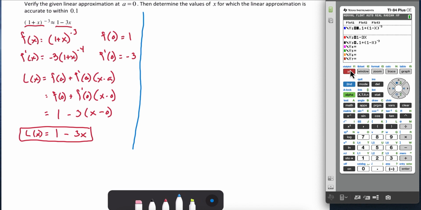Up next, we want to determine the values of x for which the linear approximation is accurate to within 0.1. That means we want the distance between these two, f and our linear approximation, to be less than 0.1. So we have the absolute value of f, 1 plus x to the negative third, minus L, 1 minus 3x, to be less than 0.1.